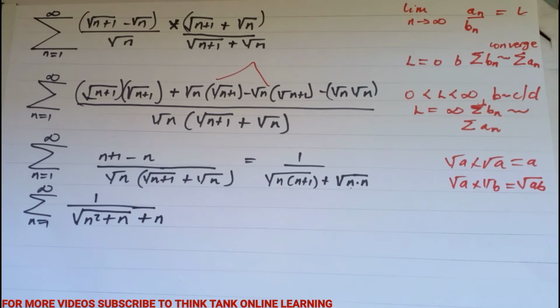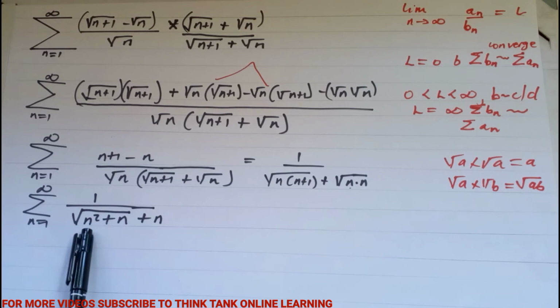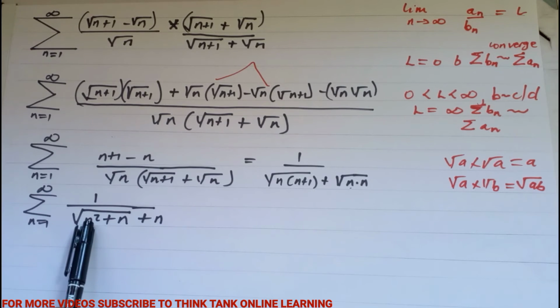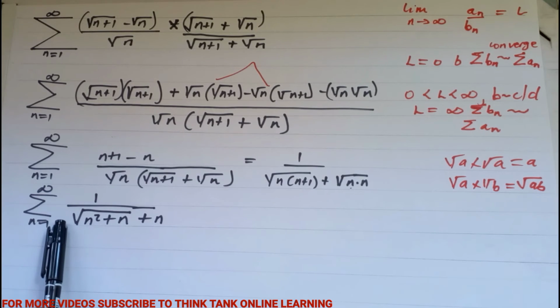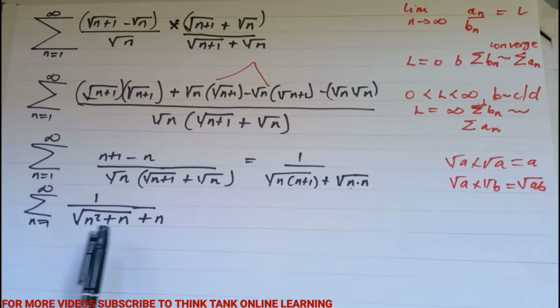Now it's time for me to complete the test, and I said I'm going to use the limit comparison test. We have n squared inside the brackets, so that means we have n outside the bracket, but not the square root of n squared. If we factor out n squared here, we're going to get n. And we also have n here. So the easy harmonic series which I'm going to use is 1 over n.